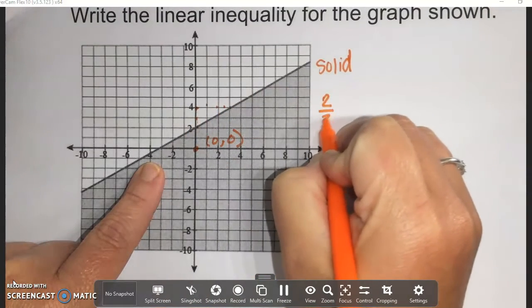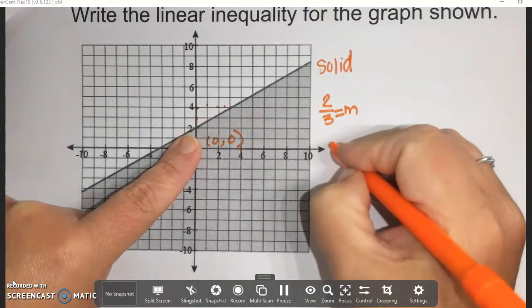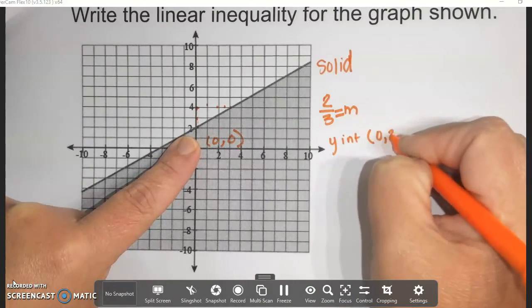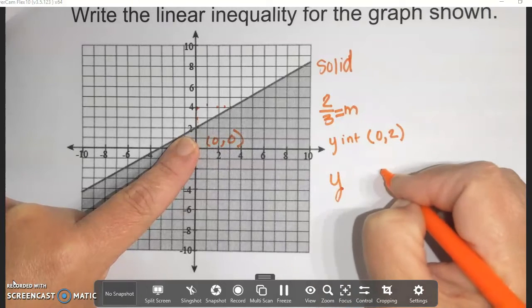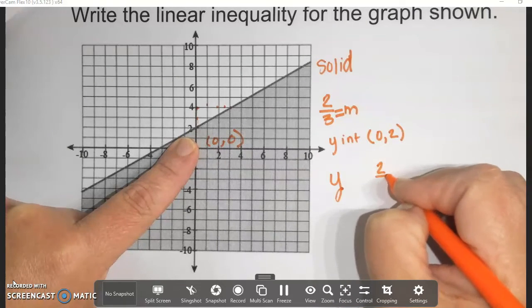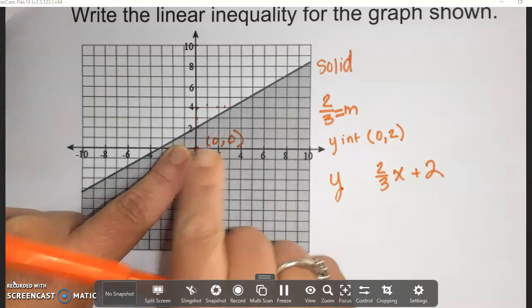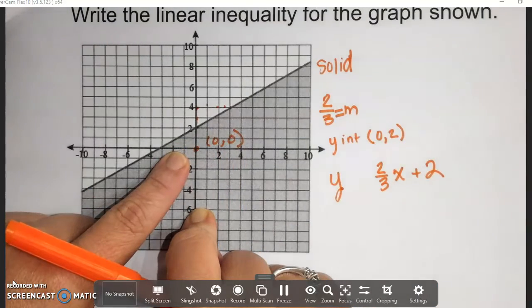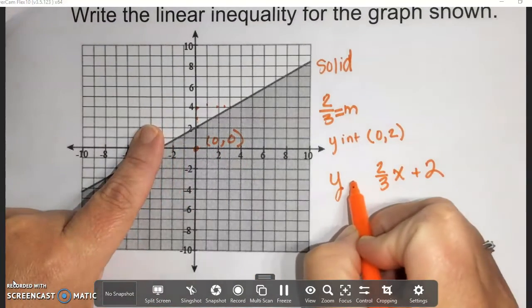Rise 2, run 3. Its y-intercept is (0, 2). So we know that it's y, 2/3 x plus 2. Now we've got to say is it less than or equal to, or greater than or equal to? We know it's got the equal to.